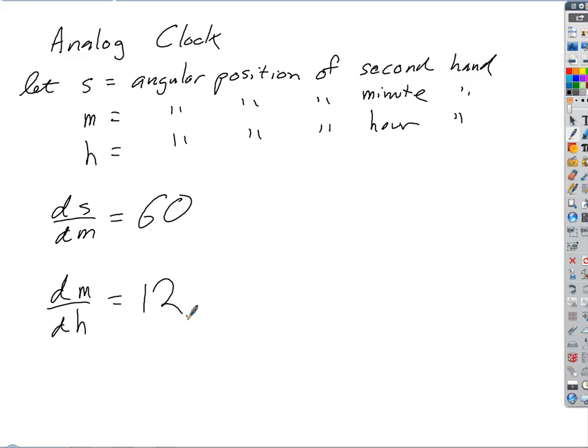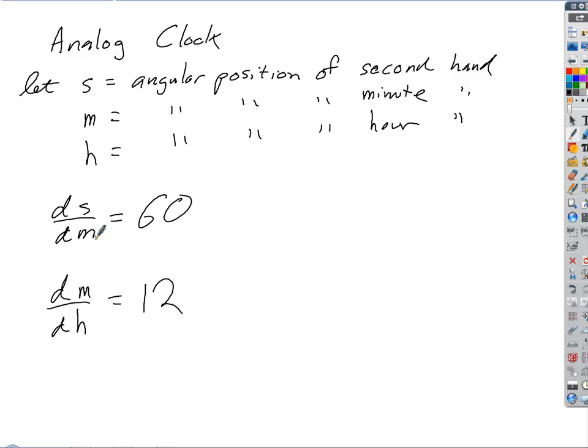It's because there's 60 minutes on a clock, that's why. You're asking yourself, how many revolutions does the second hand have to make for the minute hand to make one? And that's 60 because there's 60 minutes on a clock. This is 12 because there are 12 hours on the clock, right?